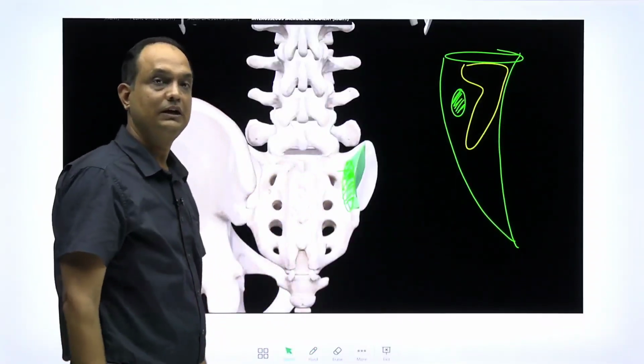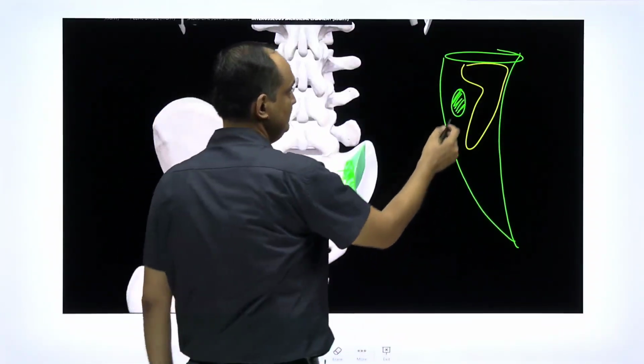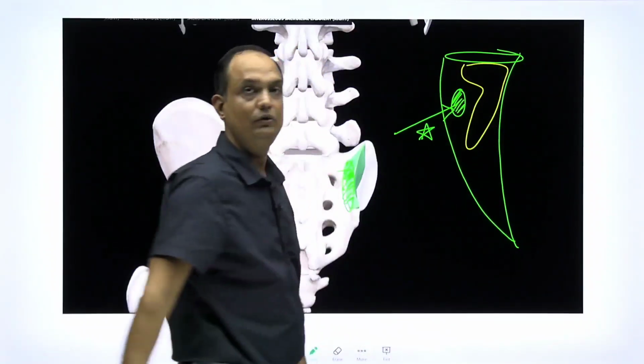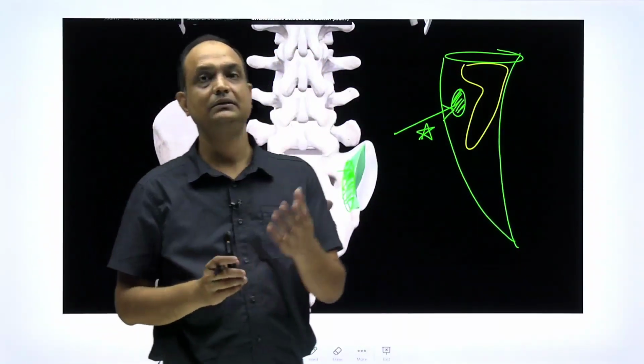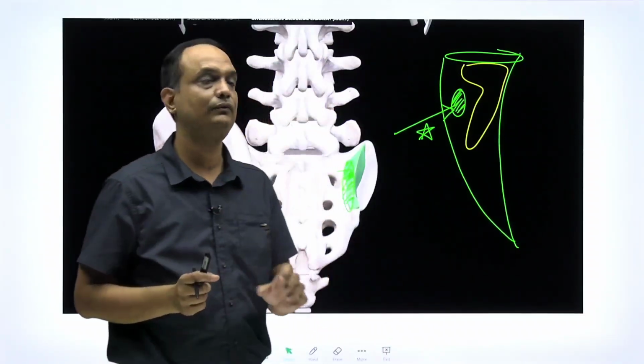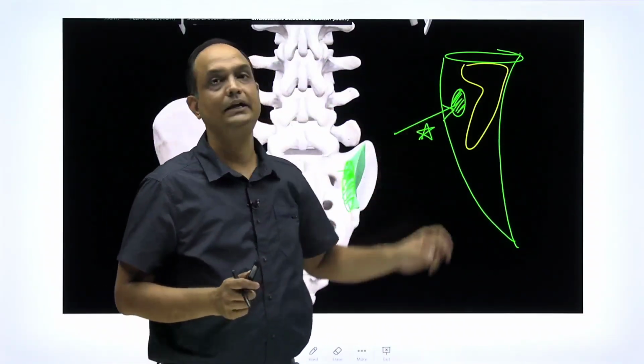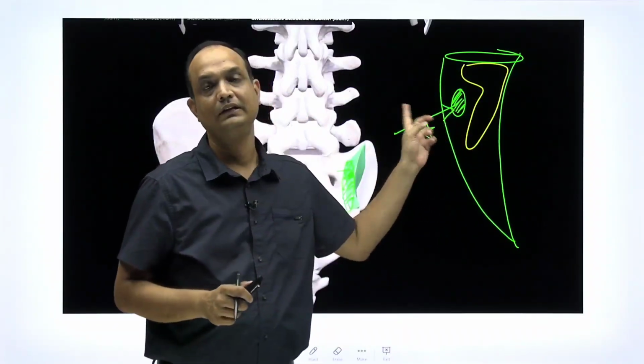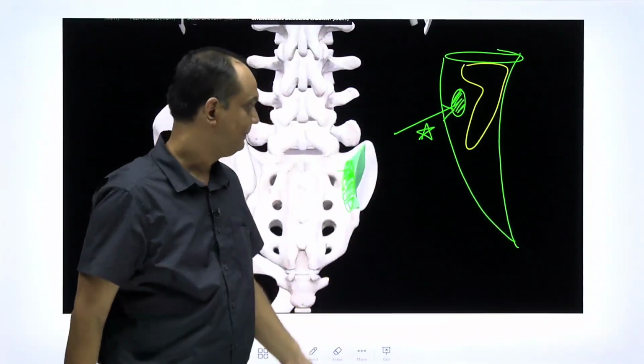So the question comes in the exam: name the structure attached at this area behind the auricular surface. When you see the sacrum from the side, you will find a pitted area present behind the L-shaped auricular surface, and this is the question for your exam.